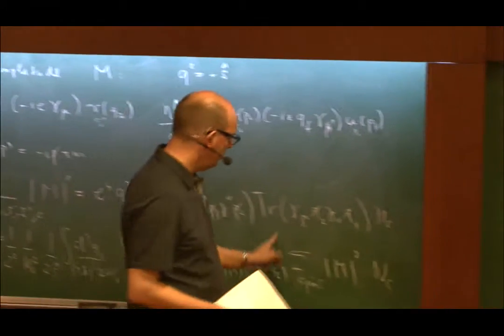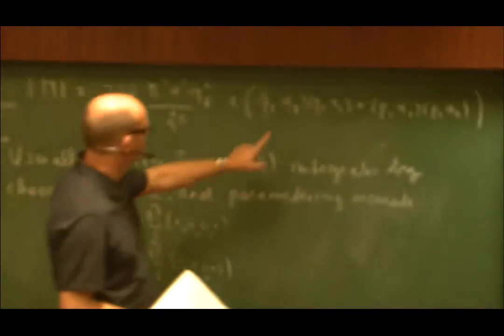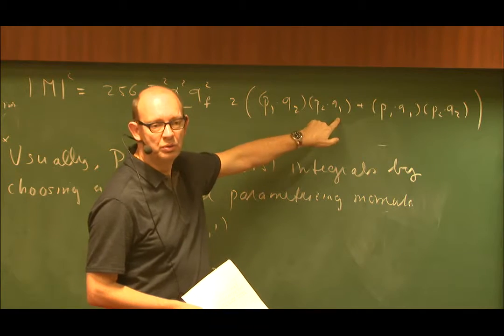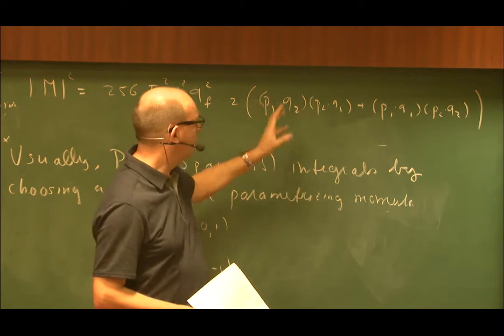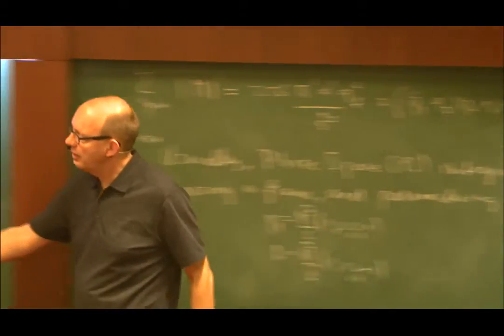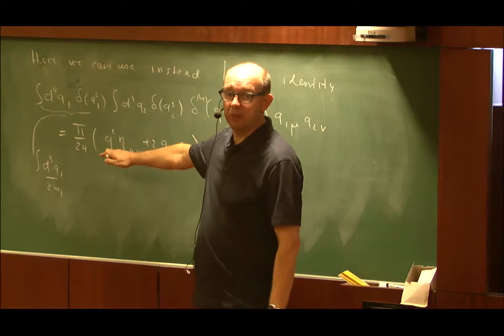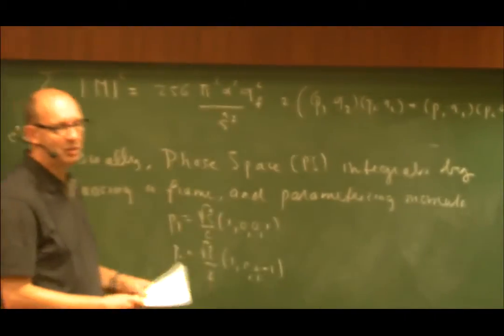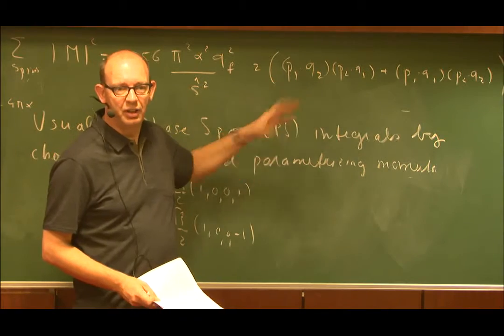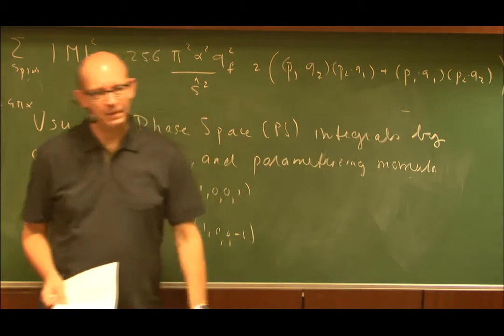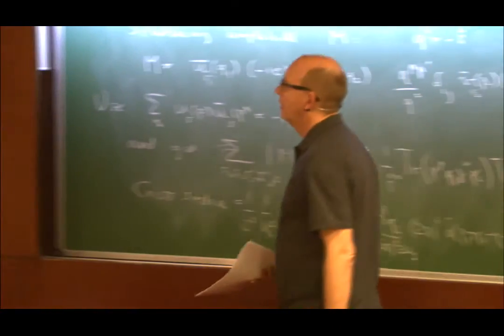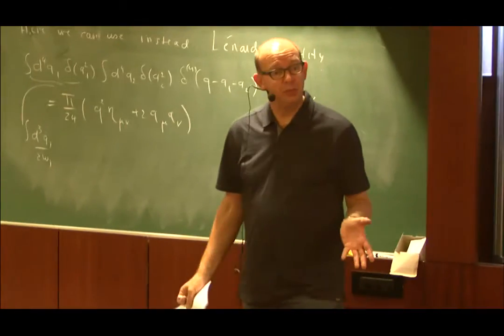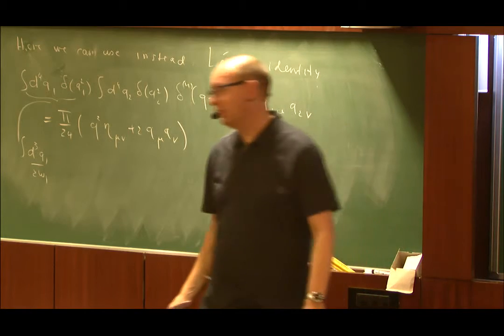And then inside this, we have these terms, q1 mu, q2 nu, contracted with something. But I just strip it off and replace it with this formula, where for q, I write p1 plus p2. So then all the q's are gone, and everything is a p1 dot p2 or p2 dot p1. It's the same integral after using the identity, and it's fairly easy to do. So if you buy the identity, then the integrals are very easy. I don't have to pick a frame. I just plug it in, use it.